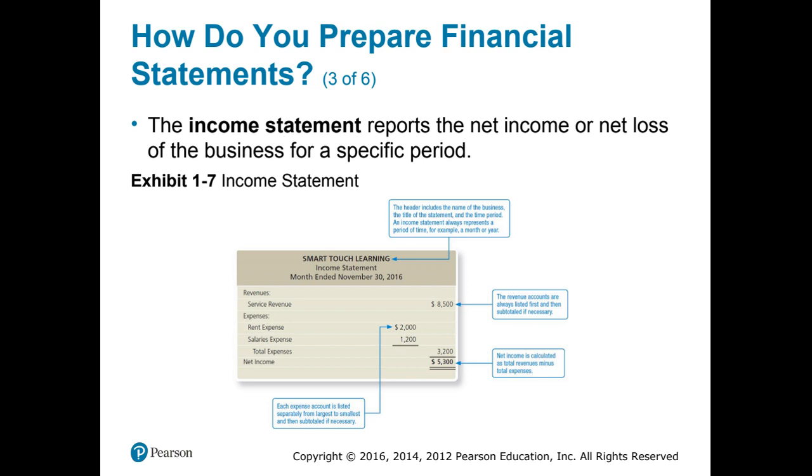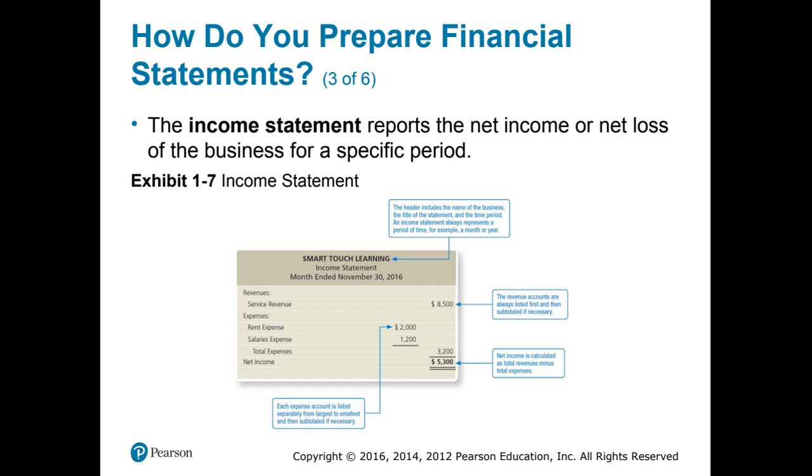Notice where they put the numbers. So for revenue, we only had one account that was affected, so we just put that to the right. Down here in expenses, we had more than one expense account. So what we do is to the left, you list out each individual expense, and then we're going to total this up to give us the total amount of our expense.